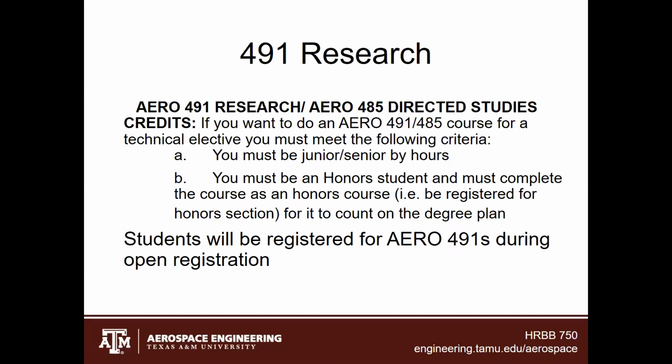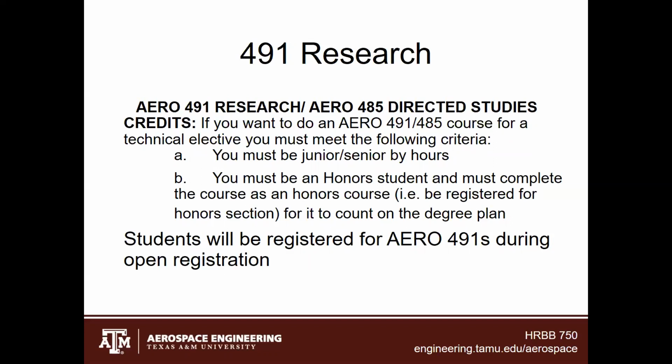And then just know that if you're going to take a 491, we do not have the ability to register students or do anything for students until open registration. Let me clarify what pre-registration is versus open registration. Pre-registration is that 48-hour window that you guys get to register. So it'll be from November 7th to the 24th, I believe. And then open registration, that means it's a free-for-all. Everybody can open and change their schedule beginning November 25th.